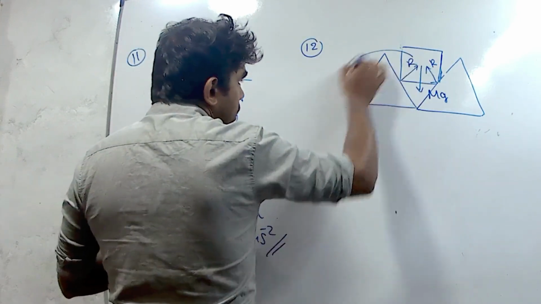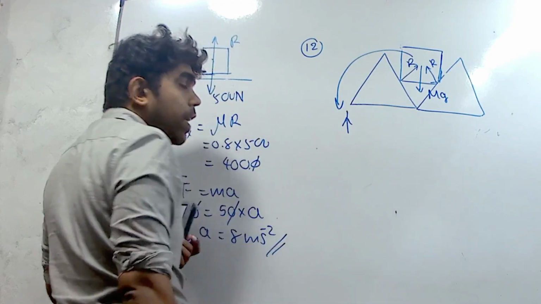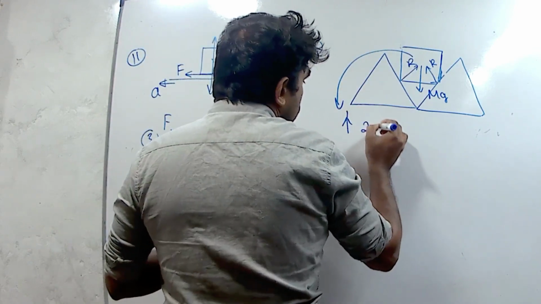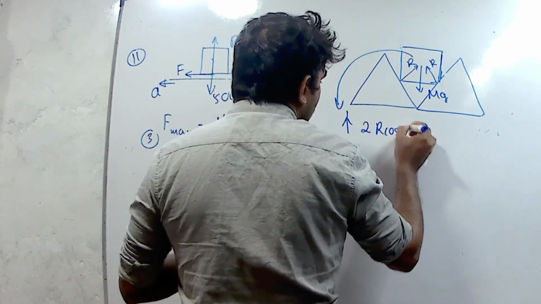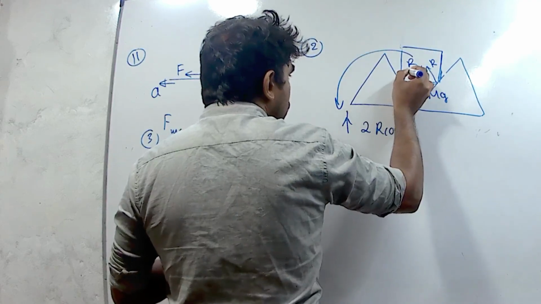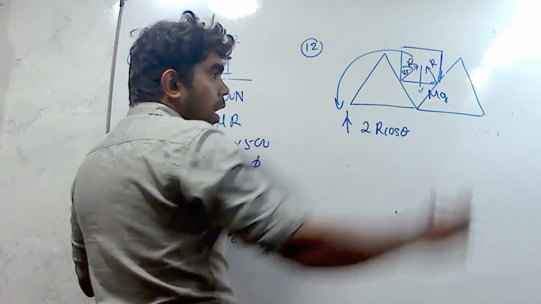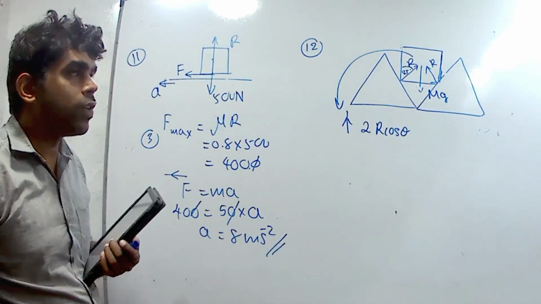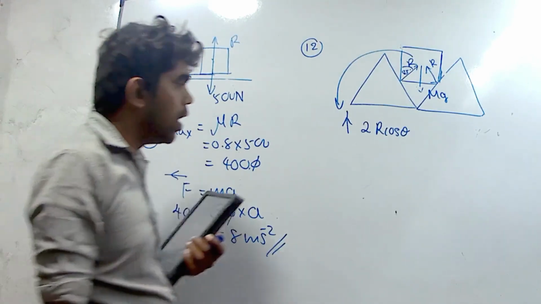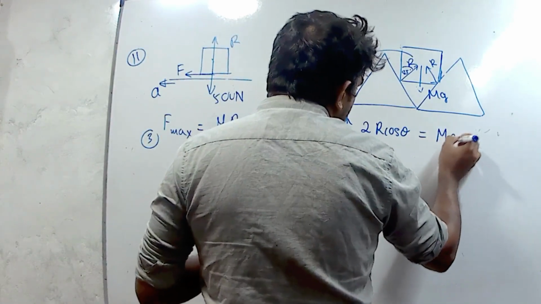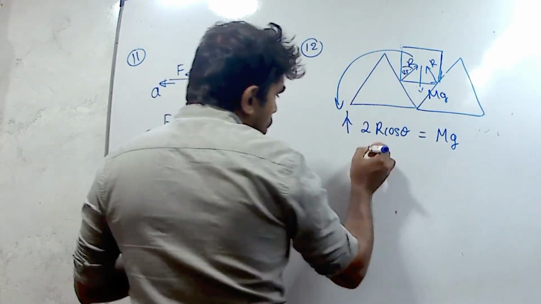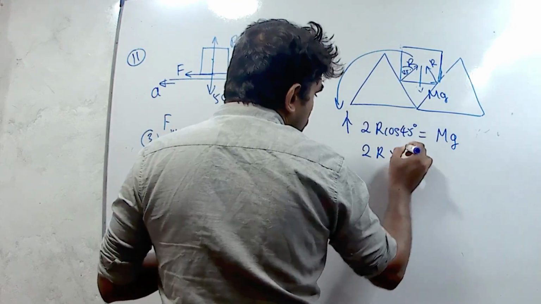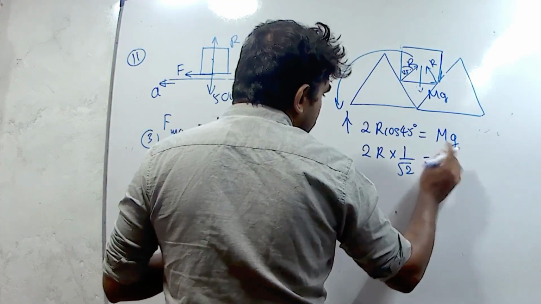Then when considering vertical equilibrium of this box, there are two R cos theta values. We have to consider cos components because of this angle 45. R cos 45 plus R cos 45. Then 2R cos 45 is the vertically upward force. It should be equal to Mg. 2, we know that cos 45 is 1 over root 2, equals Mg.